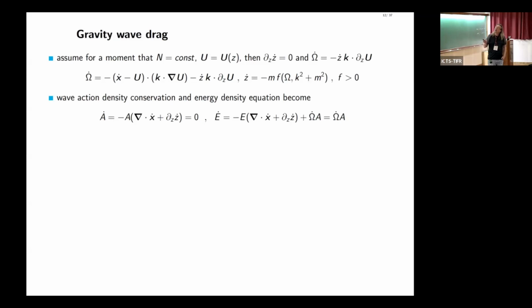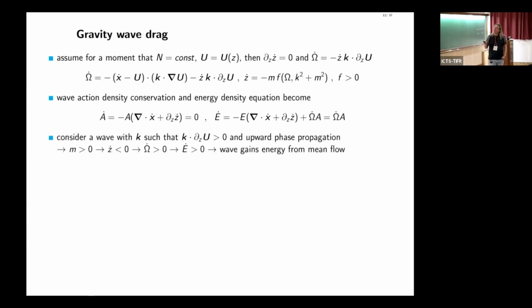And if we also say that the U has no lateral shear, then the omega dot is only the second part. And we can also neglect all horizontal dependencies, also all horizontal group velocities. So then we actually get simpler relations. A dot is 0, and E dot is only this exchange with the mean flow, the energy exchange. Right? Just for the moment we do this.